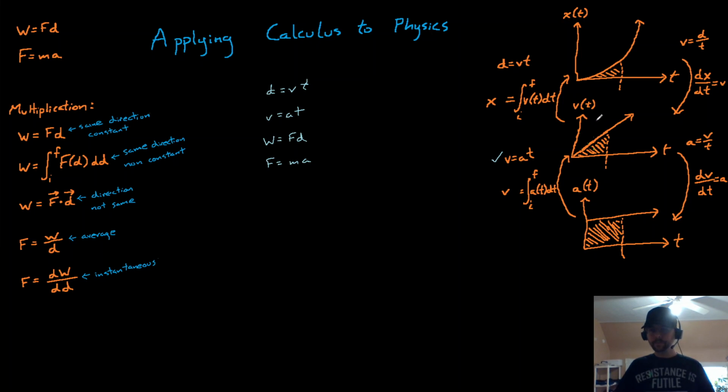In these other two examples, displacement equals velocity times time. But if we take velocity times time, using this max value for example, we would be finding the area under this curve, which is not the same as the area under the initial curve that we had. So it's not going to give us our position.